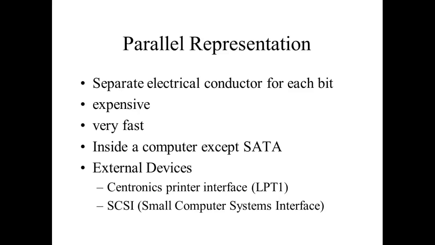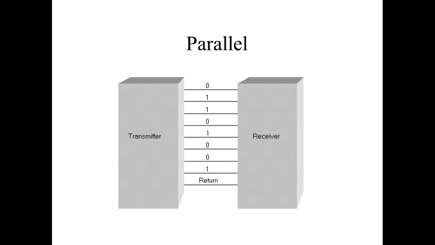Everything inside your computer is parallel, except serial ATA. Serial ATA is a peripheral, right? You understand? The Centronics port was parallel, and something called SCSI, which is small computer system interface. SCSI is still pretty popular in extremely big servers. And this is parallel.